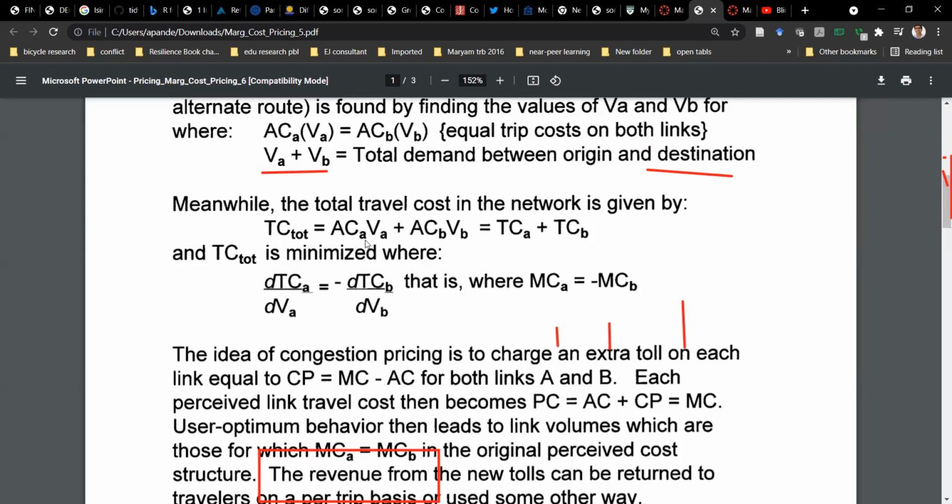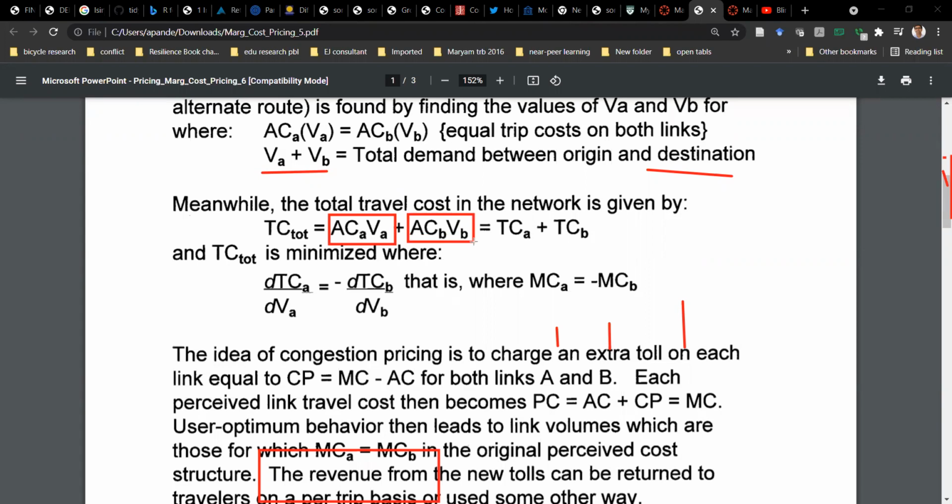you take the average cost on route A, multiply that by VA, so that you get the system cost for all travelers. So this expression right here gives you the total cost on just route A. And then this expression gives you the total cost that is being spent, or total cost and travel time, I'm using that interchangeably here.